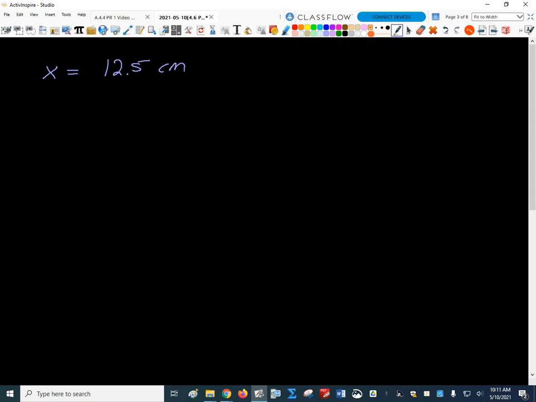And when we heat the metal plate up, the metal expands and it grows to a side length of 12.7. Okay, let's use differentials to approximate the change in the area. So we want to approximate delta A by the differential dA.